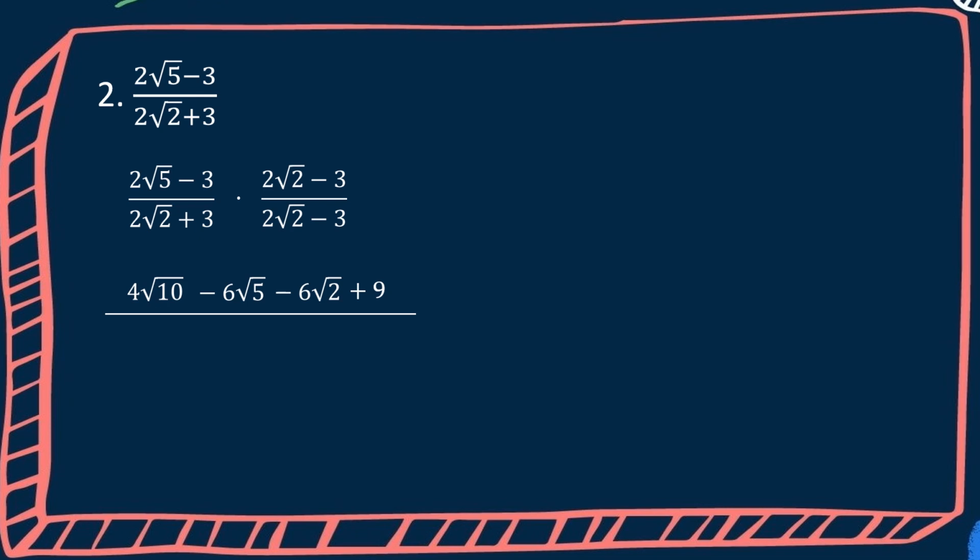The terms on the numerator will now be divided by negative 1. So 4 square root of 10 divided by negative 1 is equal to negative 4 square root of 10. Negative 6 square root of 5 divided by negative 1 is equal to positive 6 square root of 5.